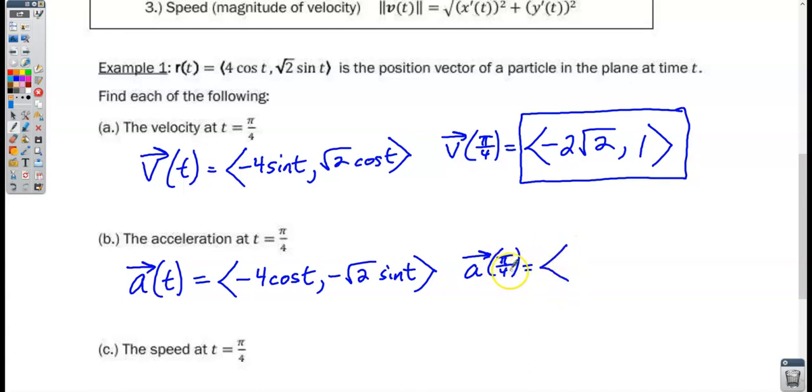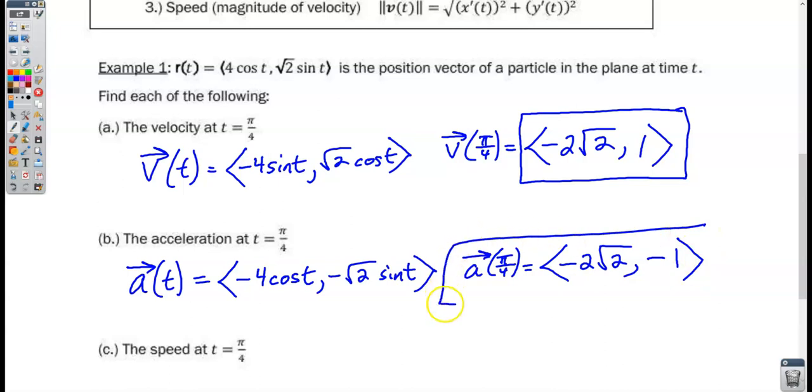The cosine of pi over 4 is square root of 2 over 2, so once again my first component is going to be negative 2 square root of 2. And then the second one, negative root 2 times the sine of pi over 4. Sine of pi over 4 is square root of 2 over 2, so this is negative 1. There's our acceleration vector at pi over 4.